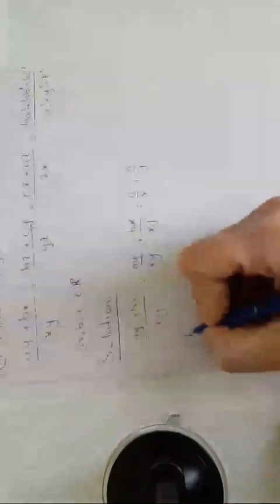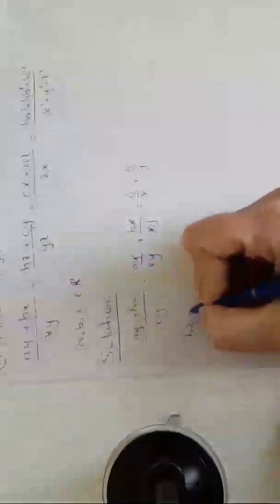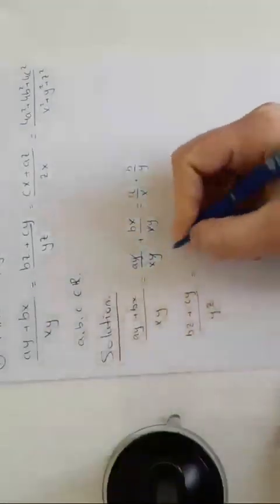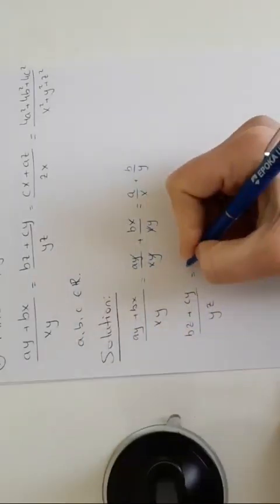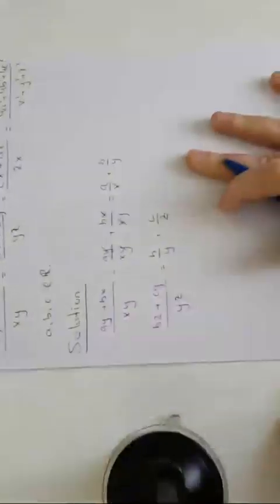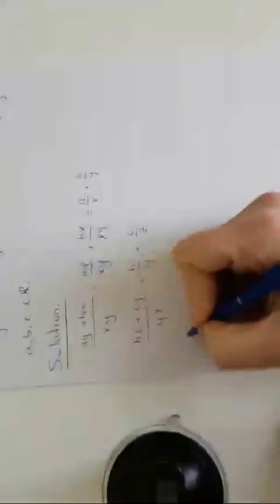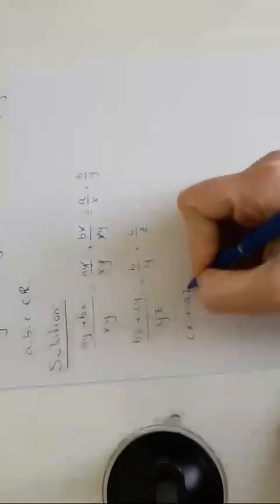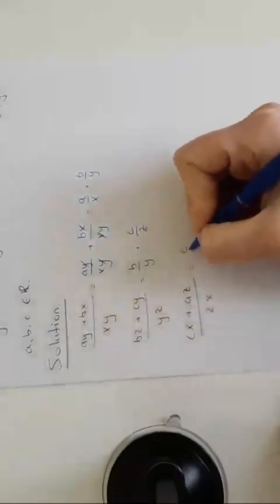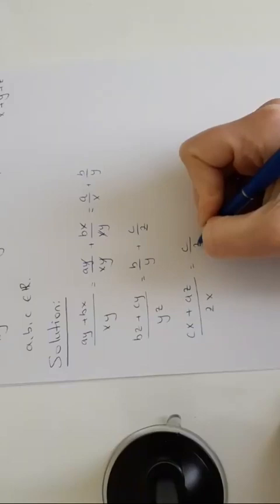We'll do the same for (bz + cy) over yz, and then we'll get b over y plus c over z. And the same thing here, (cx + az) over zx, so we'll have c over z plus a over x.